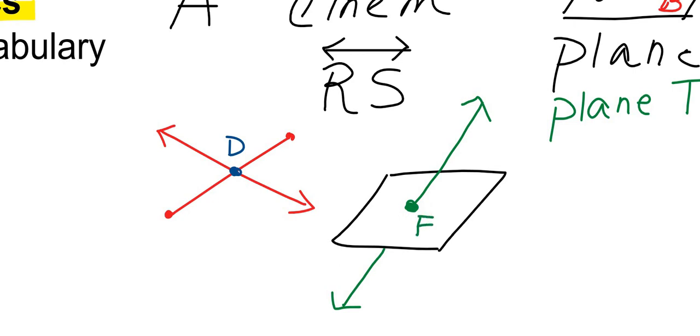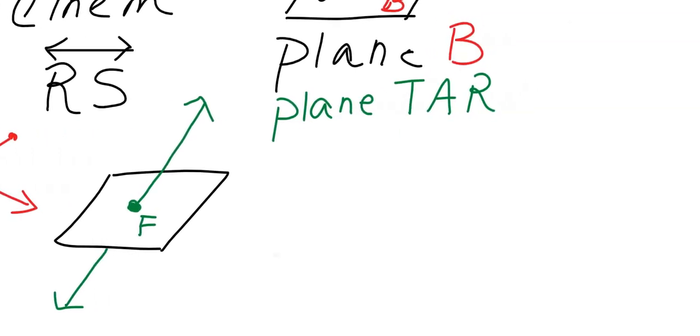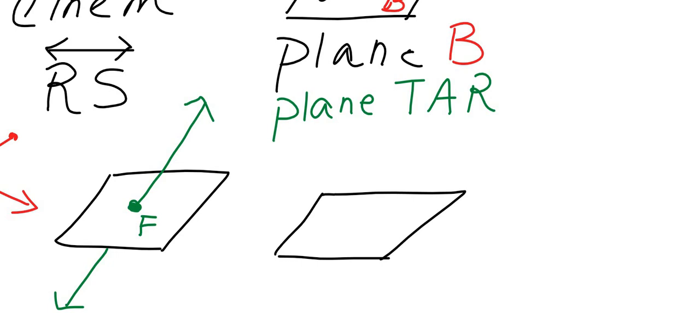One more thing that I want to show you, and this may not be the best visual, but I will try my best, is what happens when two planes intersect. Let's say I have this plane here, and then I'm going to get a second plane. Let's get my Picasso skills out.